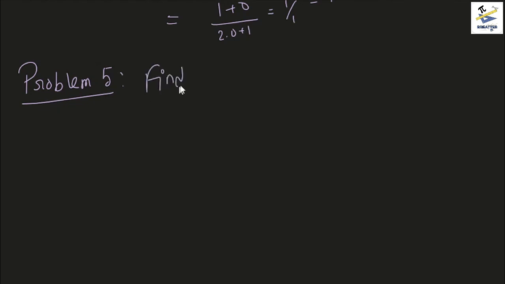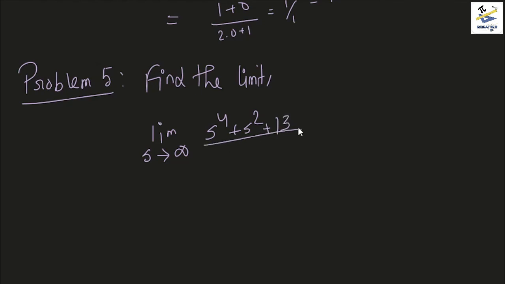Find the limit as s tends to infinity of s to the power 4 plus s square plus 13 divided by s cube plus 8s plus 9, right? So we are trying to solve this problem, and for this video this would be the last problem.